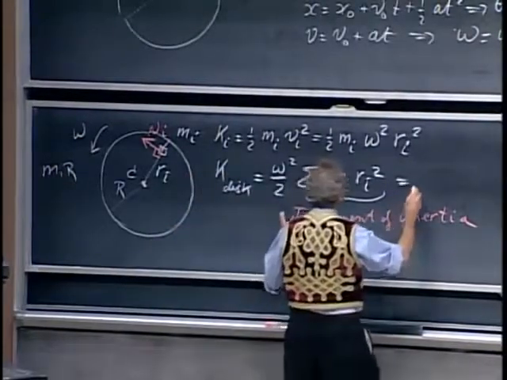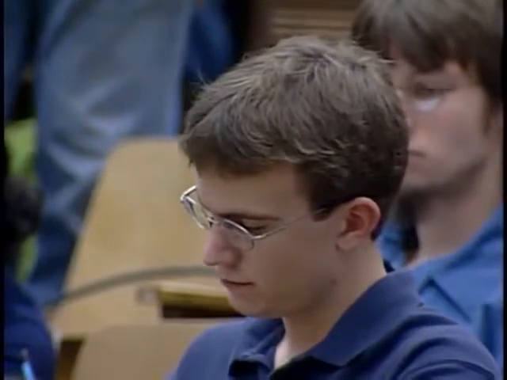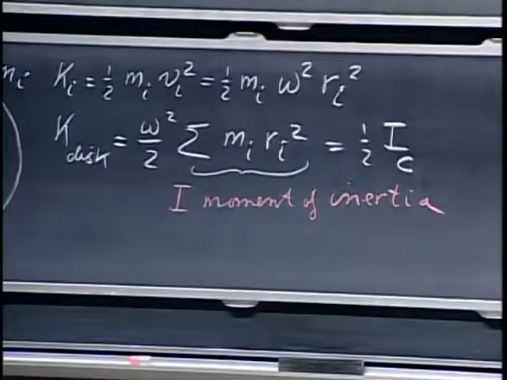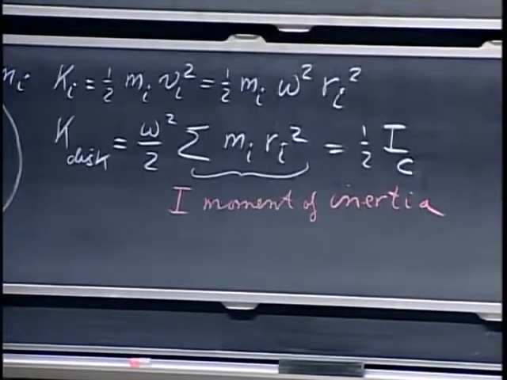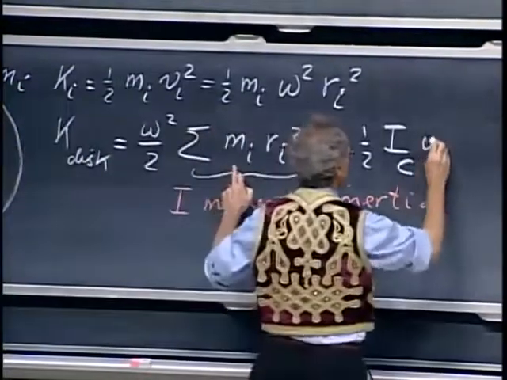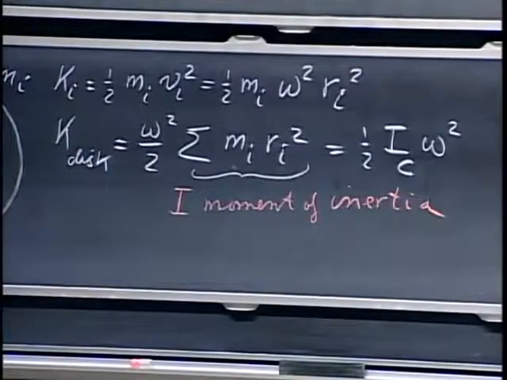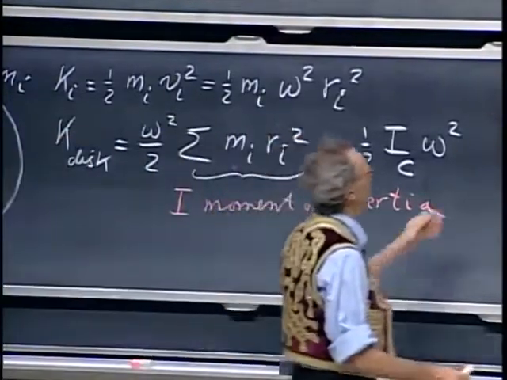So this can also be written as 1/2 I, I put a c there. You will see shortly why, because the moment of inertia depends on which axis of rotation I choose, times omega squared. And when you see that equation, you say, hey, that looks quite similar to 1/2 mv squared.